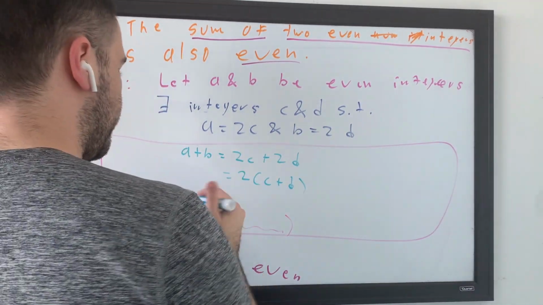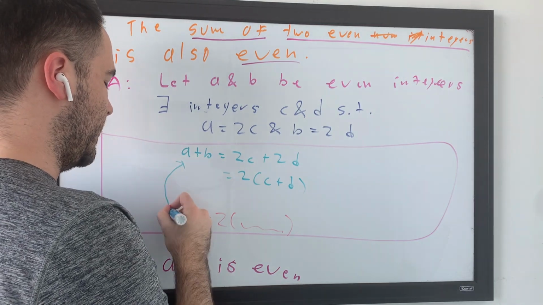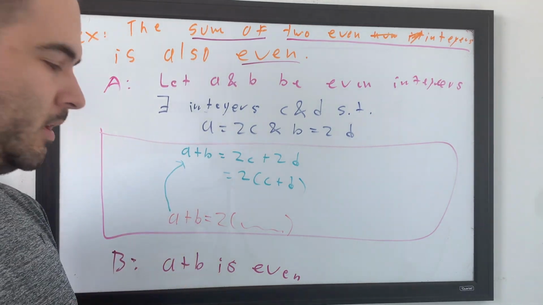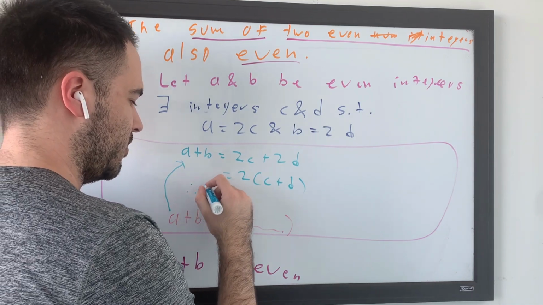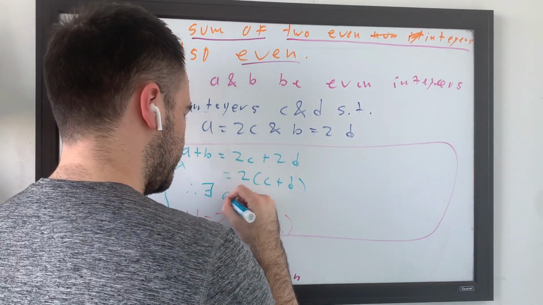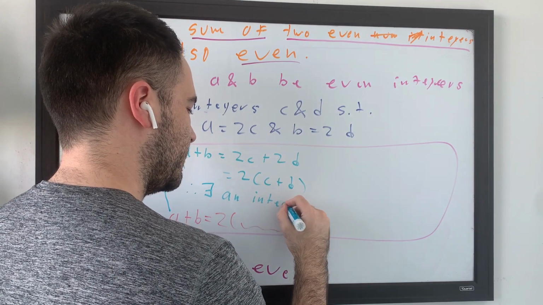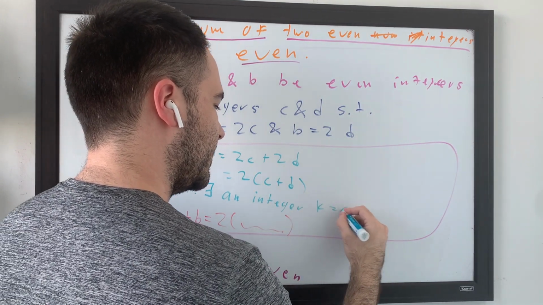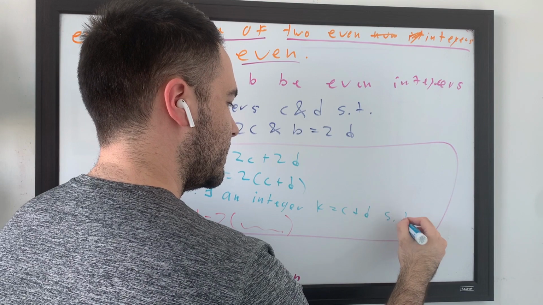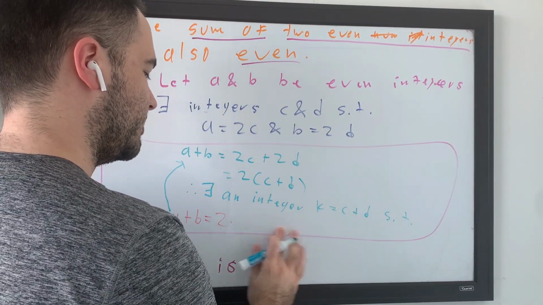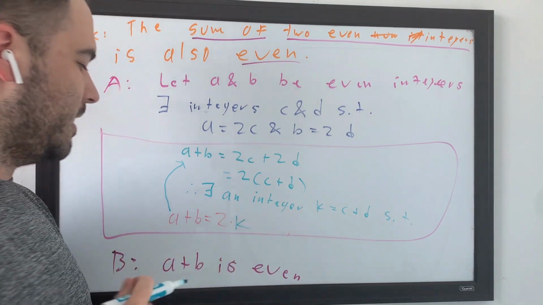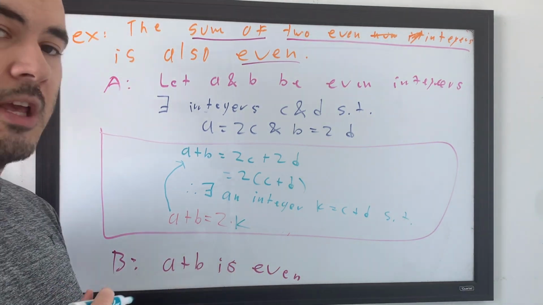So technically, this step right here did this one. Now we just need to add one more step. We will say, therefore, there exists an integer k equals C plus D such that A plus B is equal to 2 times k. Therefore, A plus B is even.